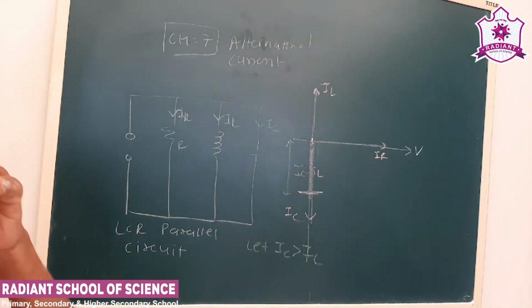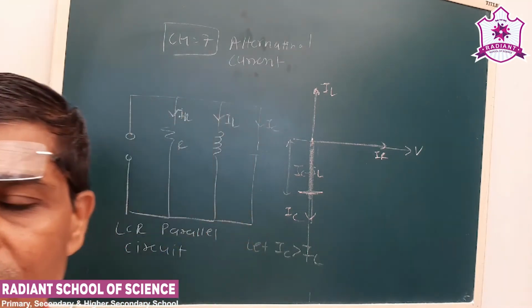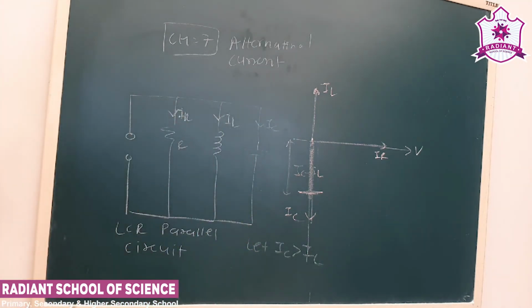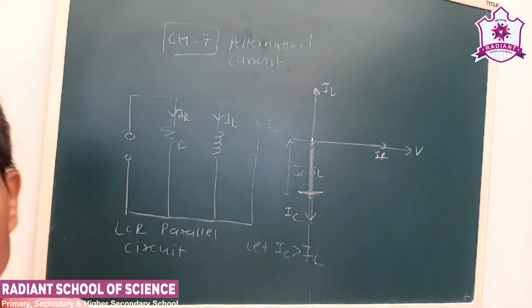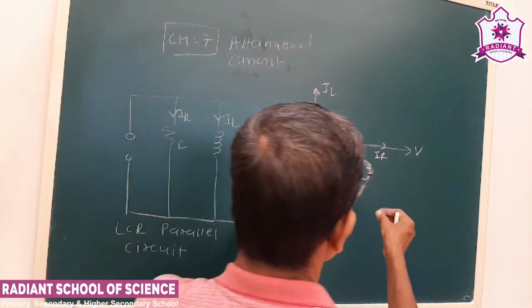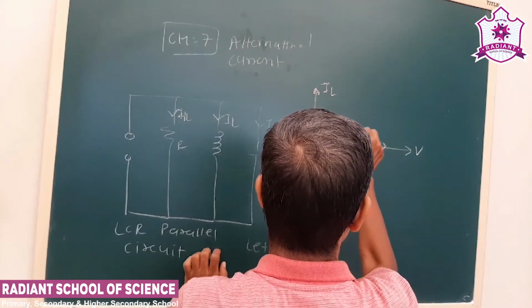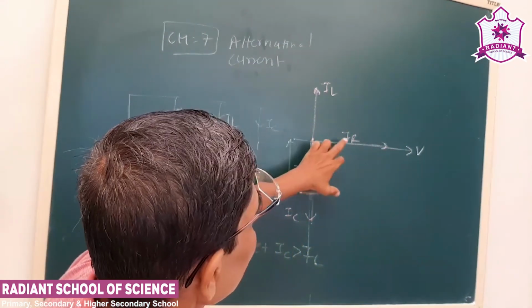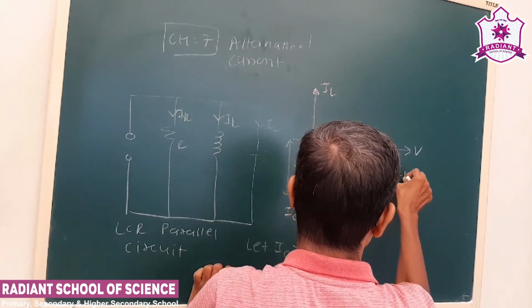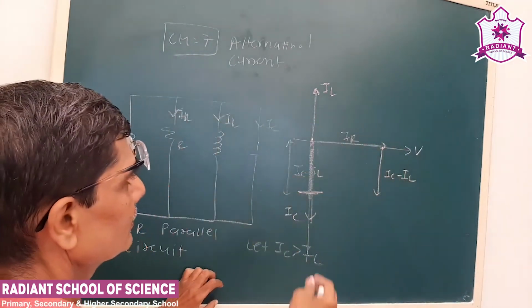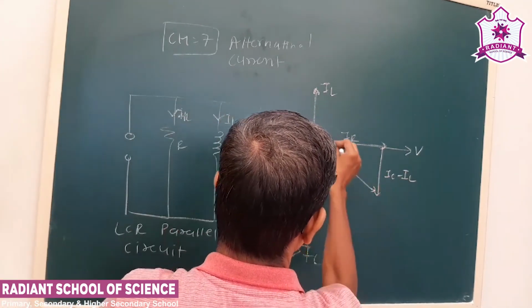Now see the triangle law of vector addition. Vectors, as we discussed earlier, can be shifted by keeping their magnitude and direction the same. Here this is the phasor of current IR. On the head of IR, I place the tail of IC minus IL. See, the third side shows the result.